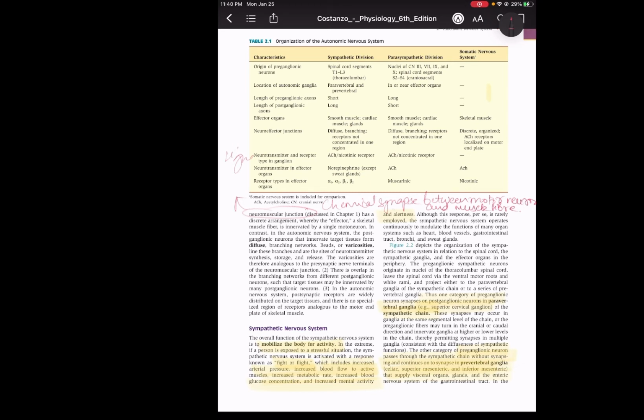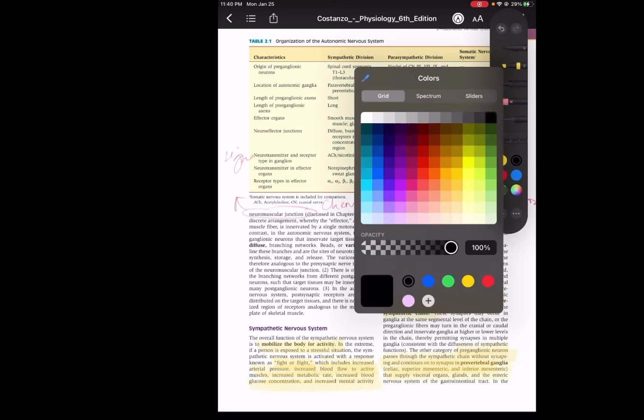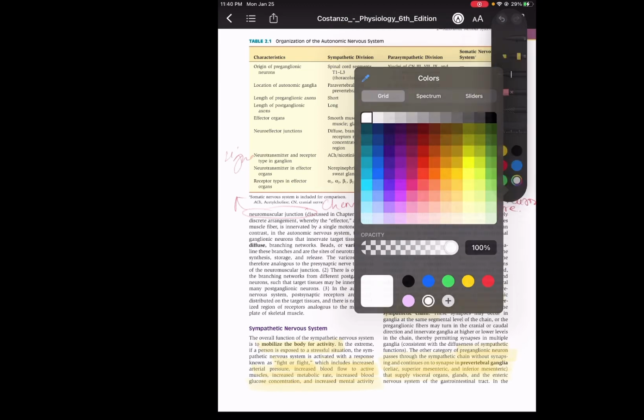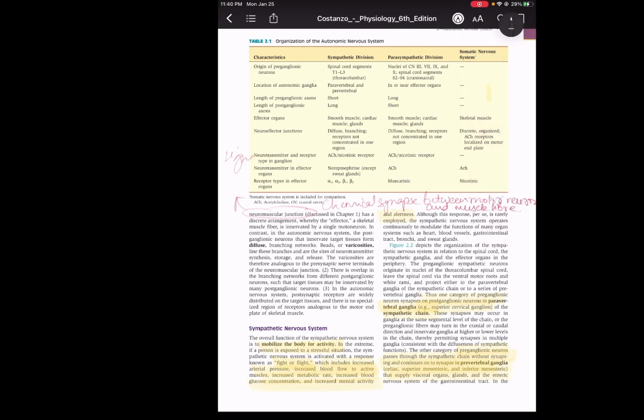That's it. Then here they have shown the spinal cord segments T1 to L3. Preganglionic, I told you this is the sympathetic nervous system, thoracolumbar.